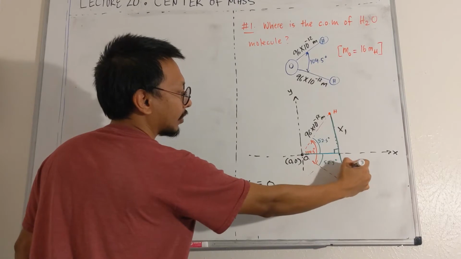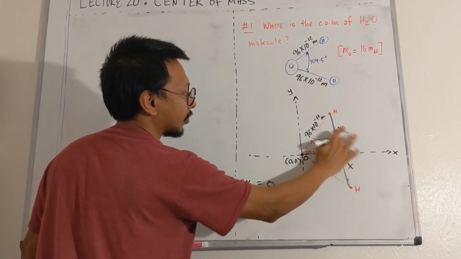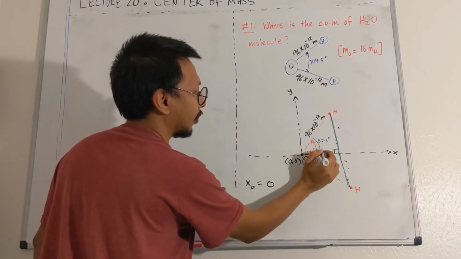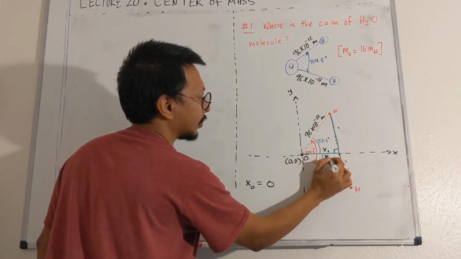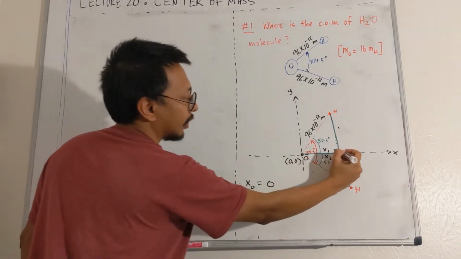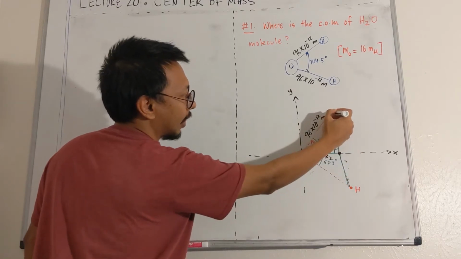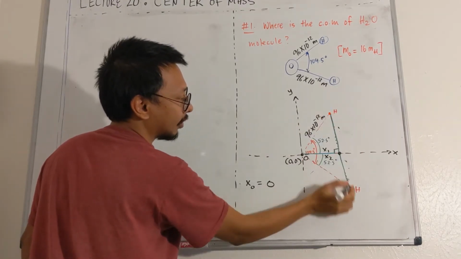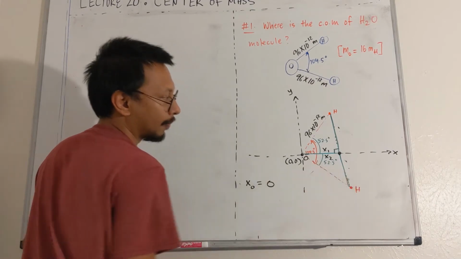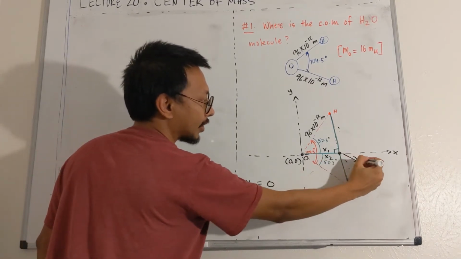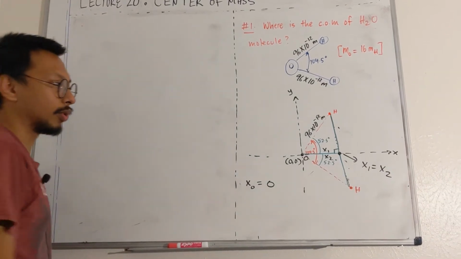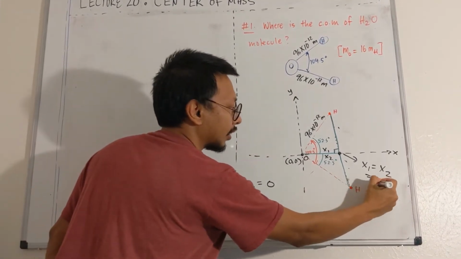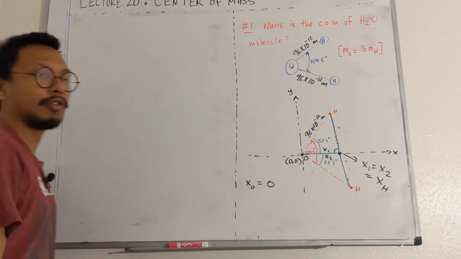Let's call this x1 and let's call this x2. The hydrogen here is exactly above the hydrogen here, so both will have the same x coordinate.